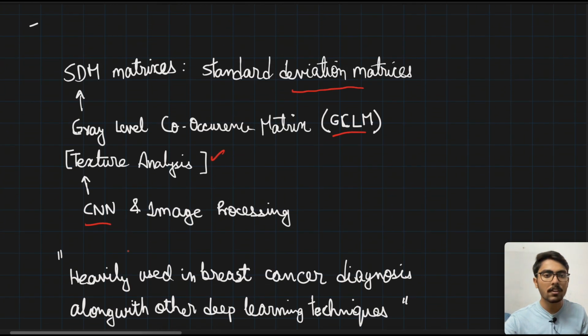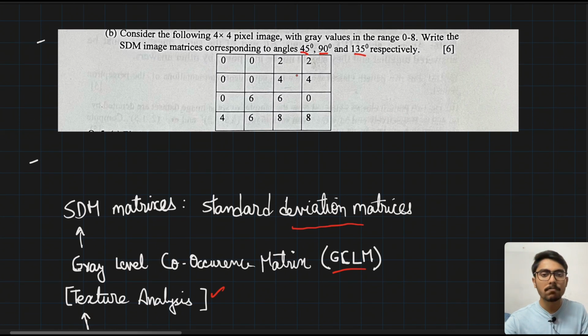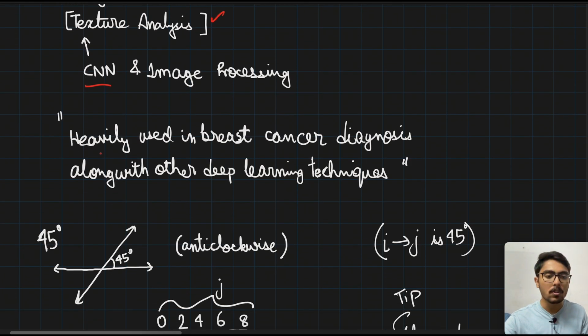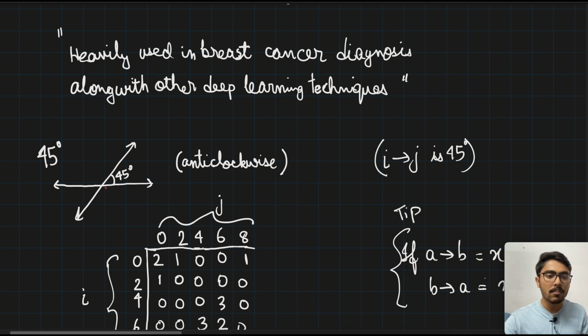The first part of the question is that we need the SDM matrix corresponding to 45 degrees, right? If we go down, we know that 45 degrees is exactly in between the vertical and horizontal, and for SDM matrices we will consider only anti-clockwise rotation.